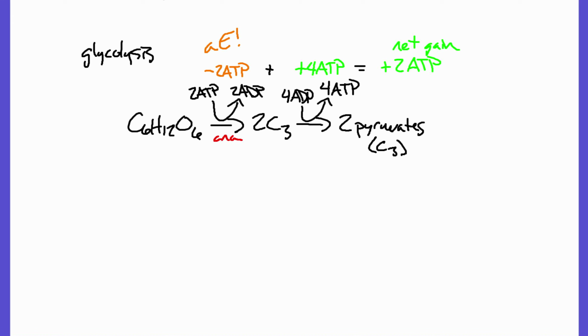Glycolysis also will help you make some other energy molecules, right? So I need to create a different energy molecule here that we're going to call NADH. That's actually different than before in the photosynthesis version of this. It was an NADPH, right? Now it's an NADH.